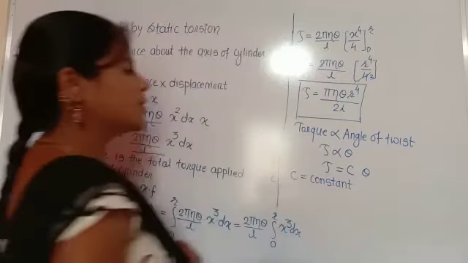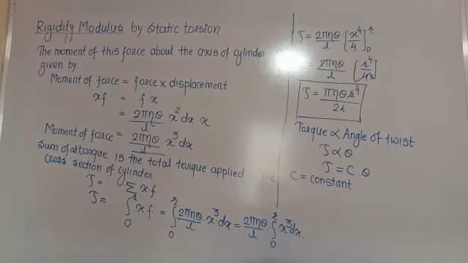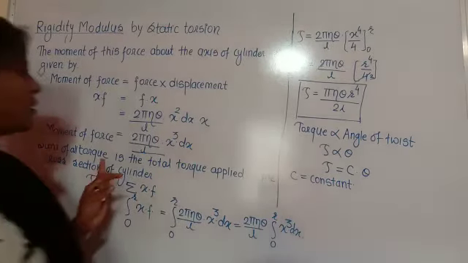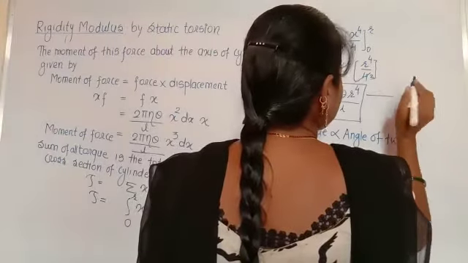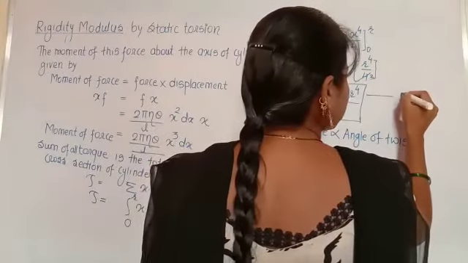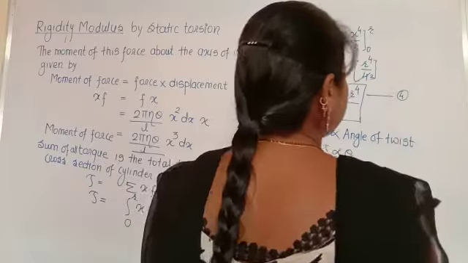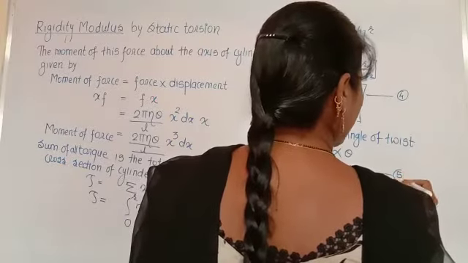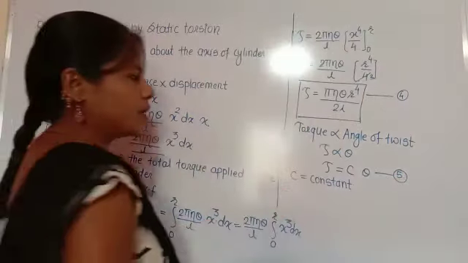So, comparing equations, this is equation number 4 and this is equation number 5. C is the constant of integration.